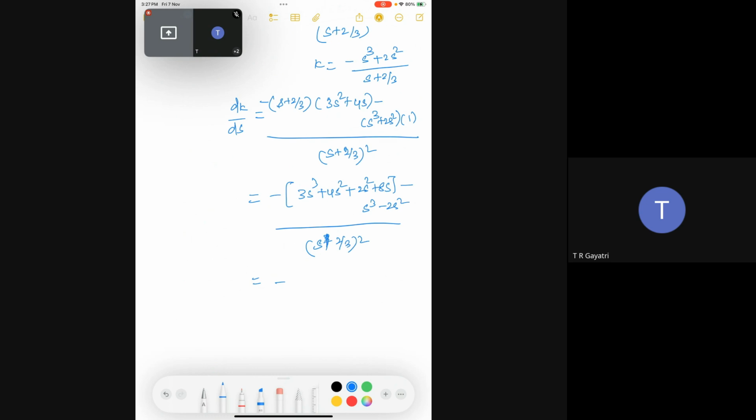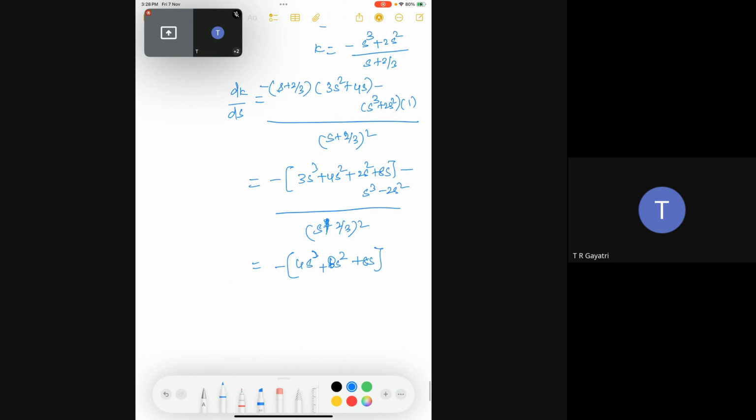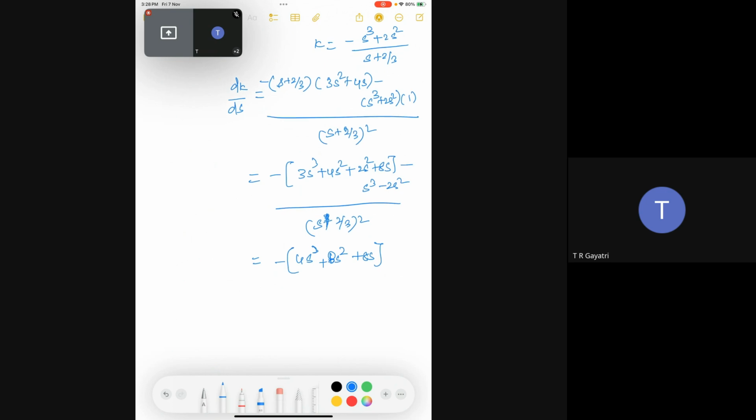Minus 4s cube minus 6s square. So it will be plus, again 8 is there, no? 8 square plus 8 is, it will be 4s cube, right?